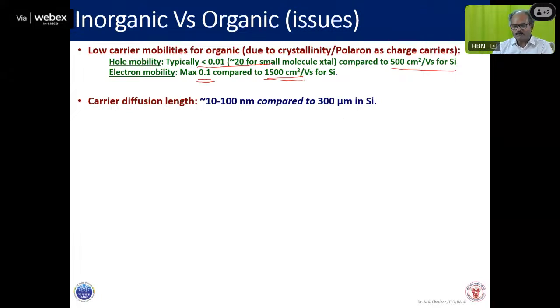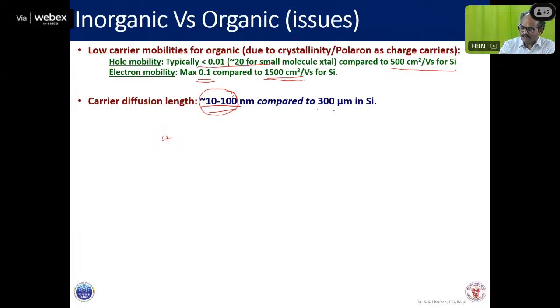Then carrier diffusion length. What is carrier diffusion length? It is the length actually before the electron and hole pair combine. In another way, if you have an organic material and you have generated an exciton or electron hole pair, within 10 to 100 nanometer of that length it will not move more than that, and it will recombine.